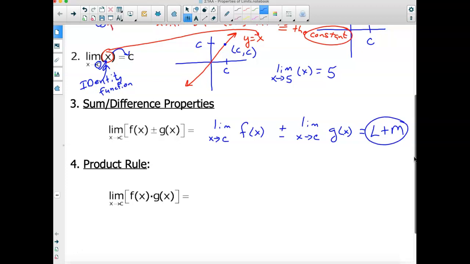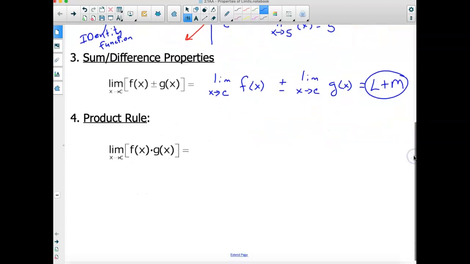Okay? Product rule. The limit of a product is the product of the limits. So I can break this up. The limit as x approaches c of f of x times the limit as x approaches c of g of x equals, well, what was it? L times m. Okay?